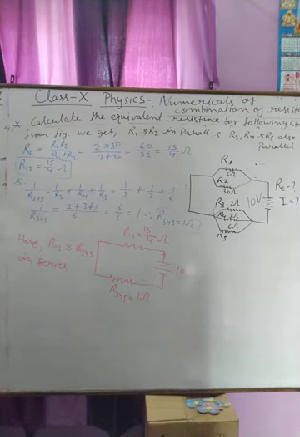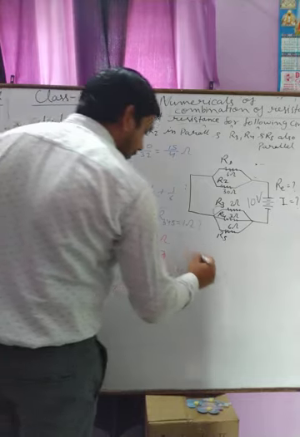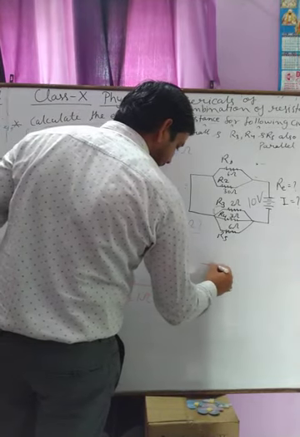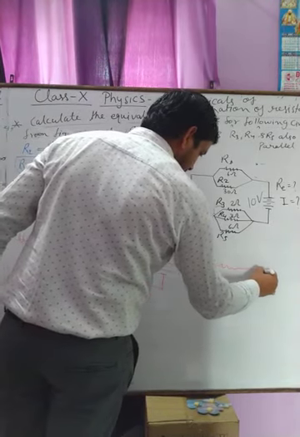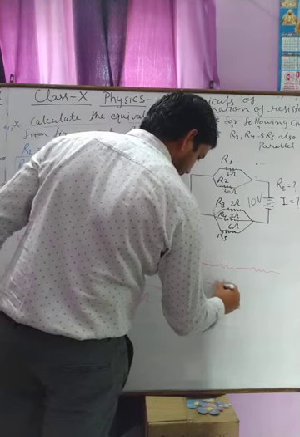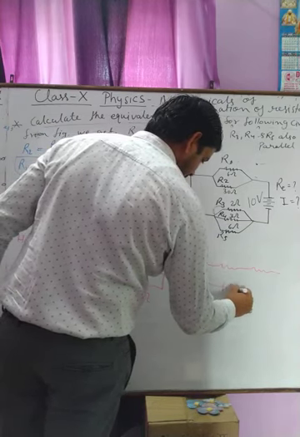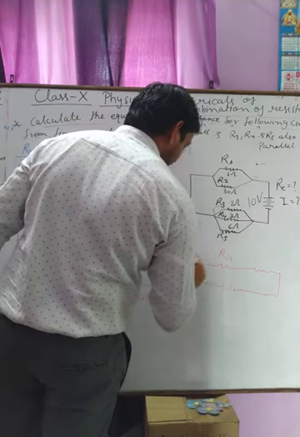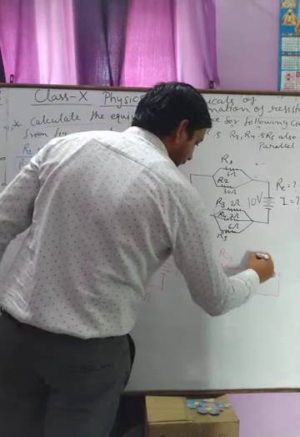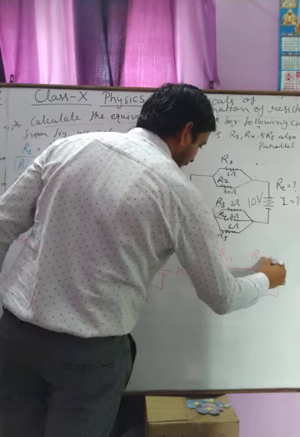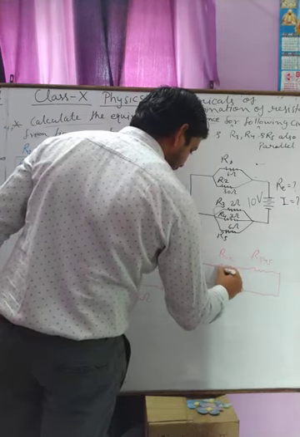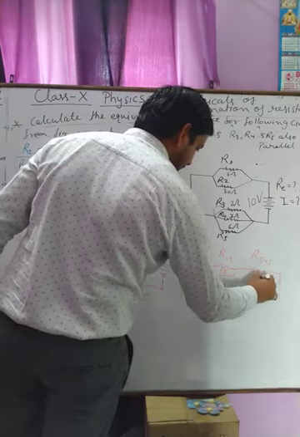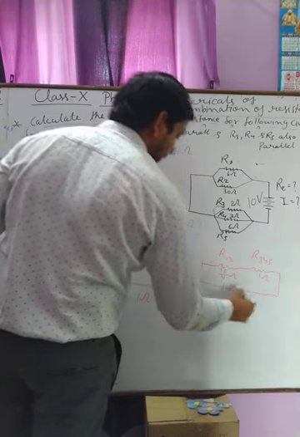So this is in series. This circuit can also be drawn like this: 1, 2, and 3, 4, 5. This is 15 by 4 ohm, this is 1 ohm, and this is a 10 volt battery.